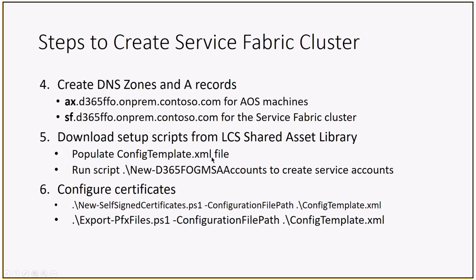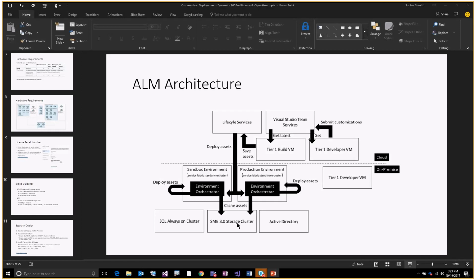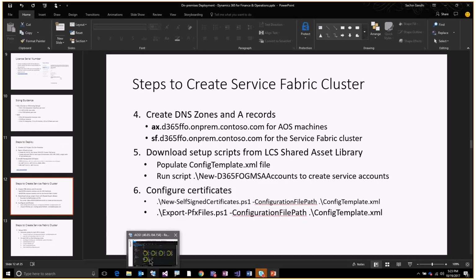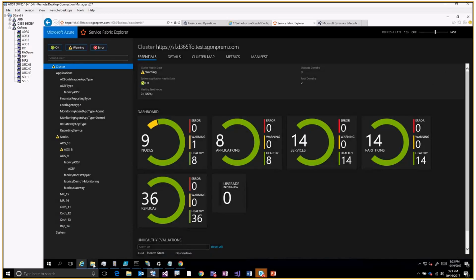This file is a way for you to specify some parameters that will then be used by the rest of the scripts to deploy the environment. So let me walk you through the config-template.xml that I used for my lab environment.